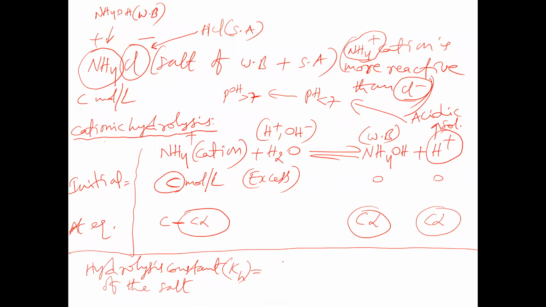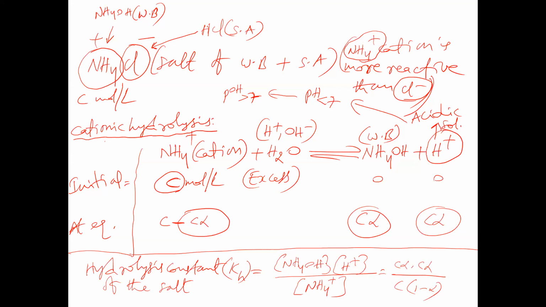So KH equals the square bracket of NH4OH into the square bracket of H plus, divided by the square bracket of NH4 plus. That is C alpha into C alpha by C of 1 minus alpha.